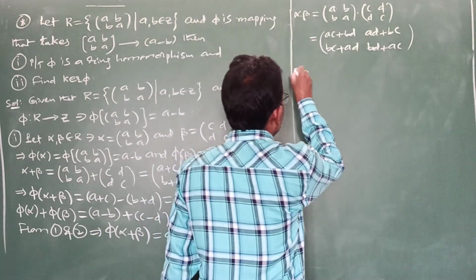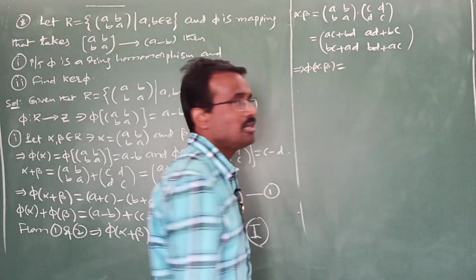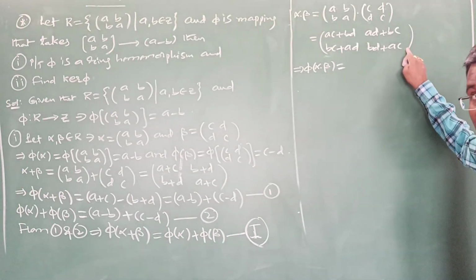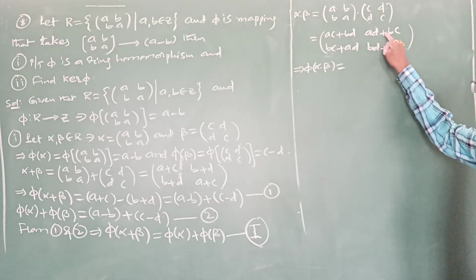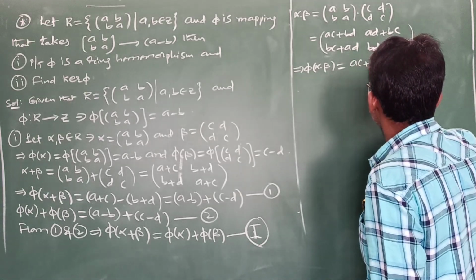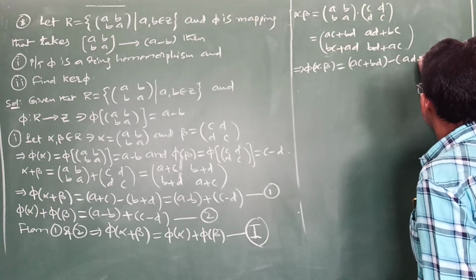Now by this, let us define phi of alpha into beta. That means phi of this total matrix, which is the first row subtraction: AC plus BD minus of AD plus BC.